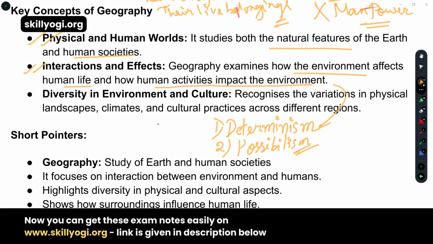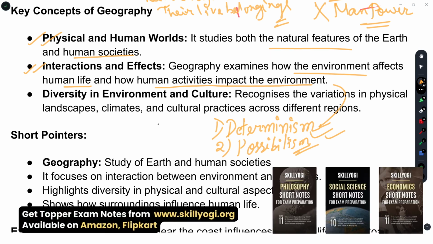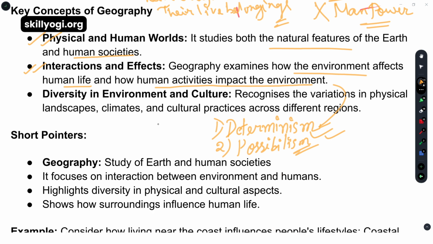That is called the deterministic approach, where we can see the earth was completely made by the God. Earth was not created by the human. Earth was completely made by the God, and the earth was like that. Humans couldn't modify the earth at that point of time because they didn't have any technology.